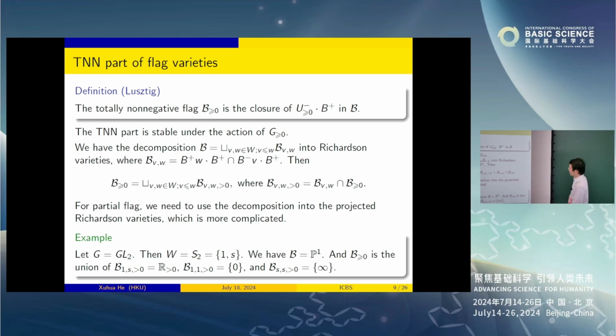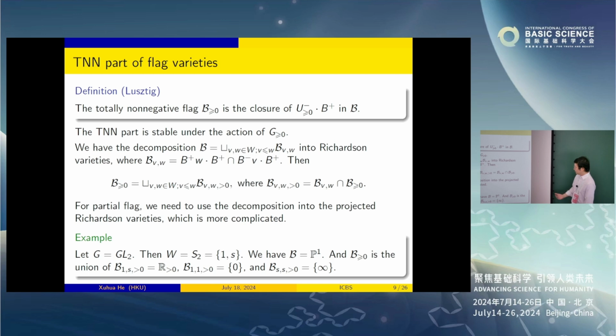Let me give you a simple example. We come back to the GL2 example. Here the Weyl group has two elements, the identity element and s, which changes 1 to 2. And we know the flag variety is P1. The non-negative part of P1 is, as you may expect, the 0, the positive numbers, and infinity.